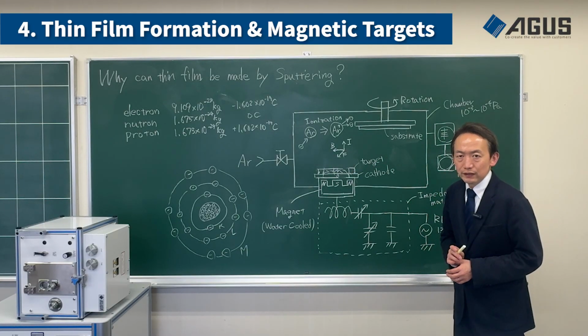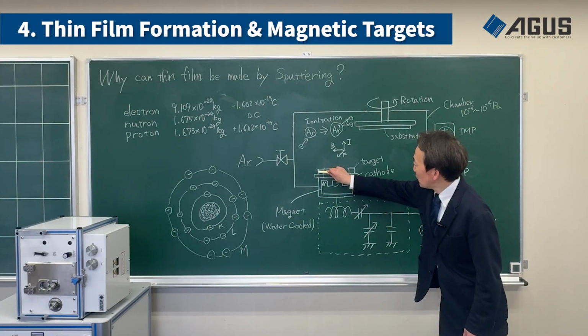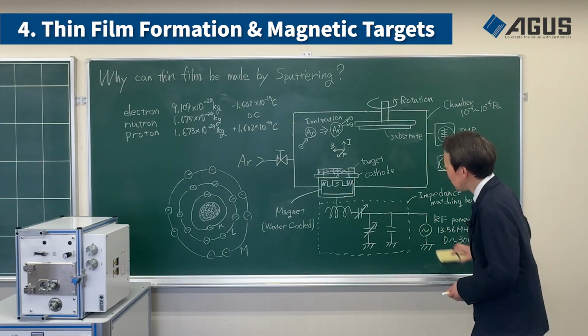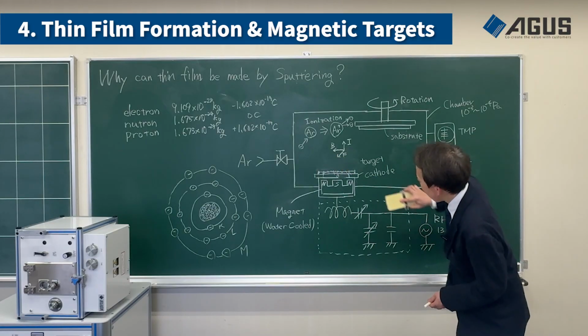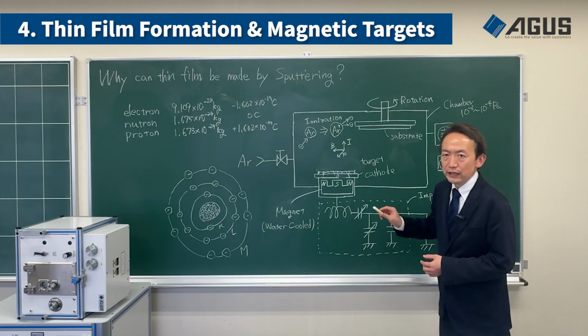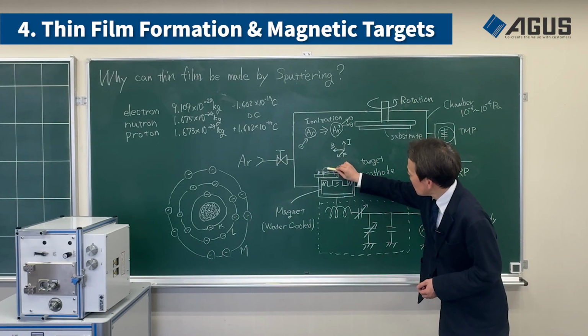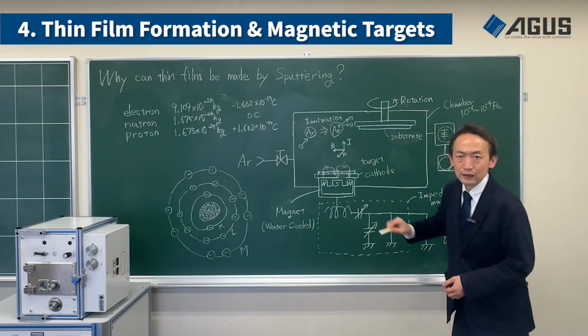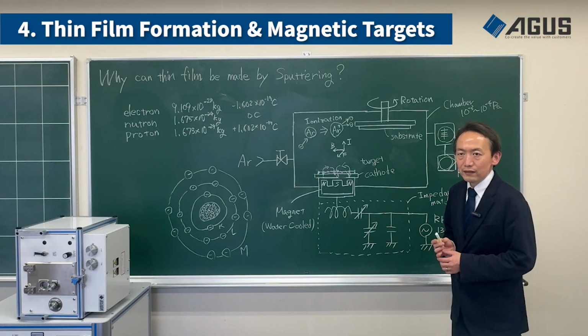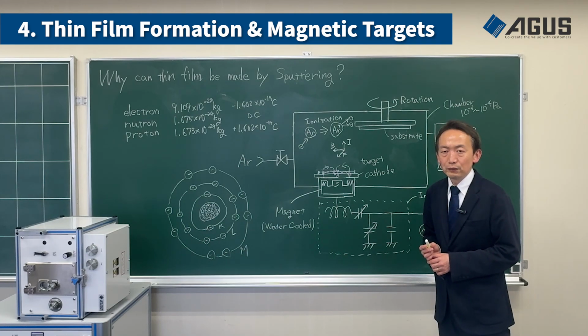To fix this, we can make the target thinner so the field leaks out. Or use stronger magnets like samarium cobalt or neodymium.